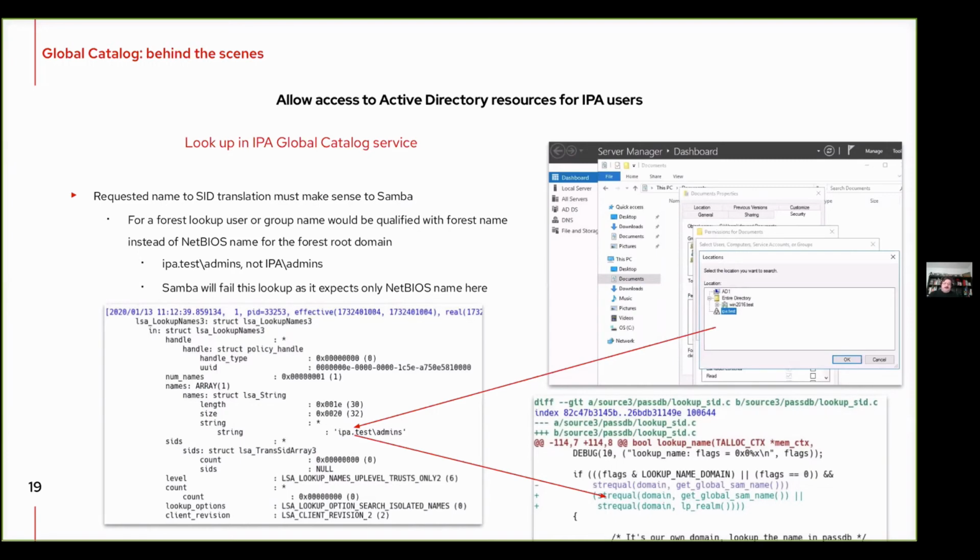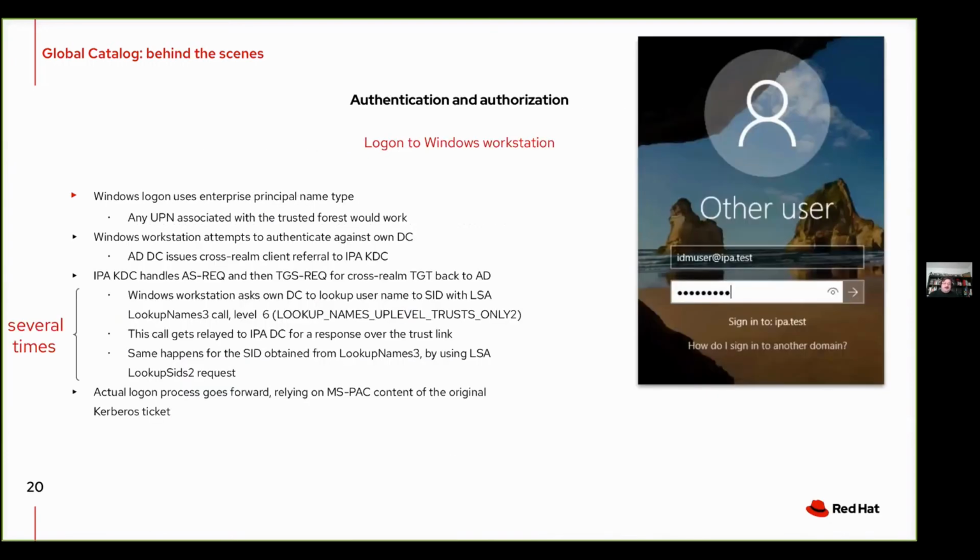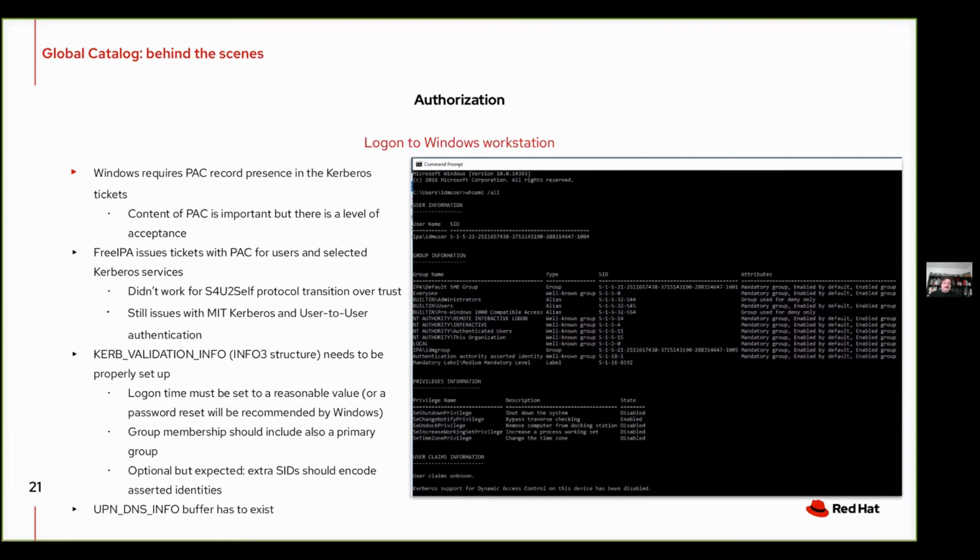So if we go forward, we eventually get logged in, and the group membership and all this information will be taken out of the MS-PAC record in the ticket. So next slide. And yeah, the PAC record has to be in the Kerberos tickets for the users or identities that try to authenticate and use these interactive services at least.